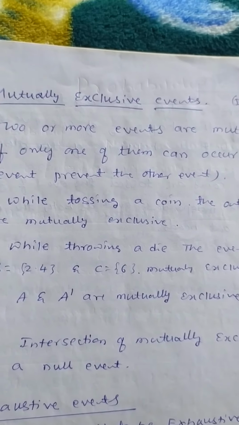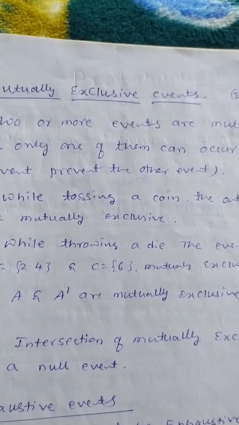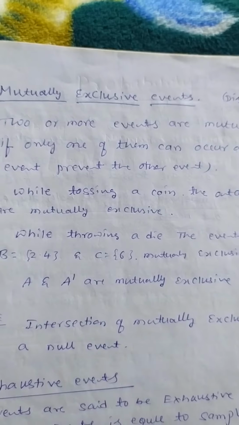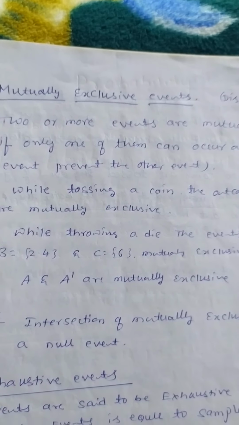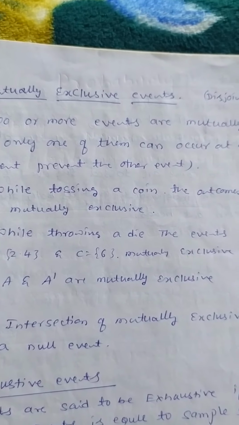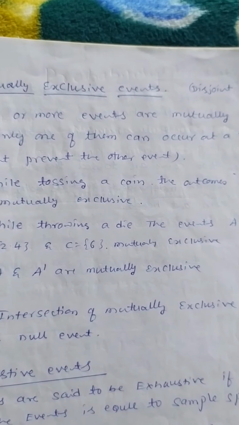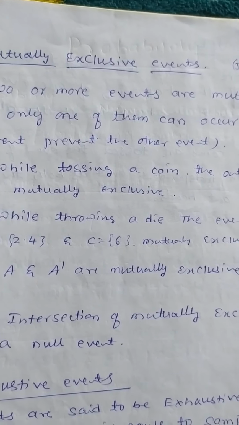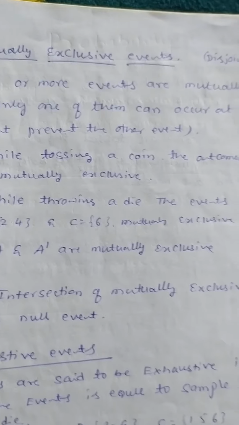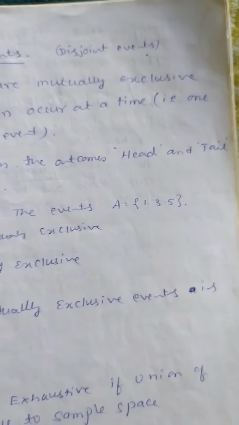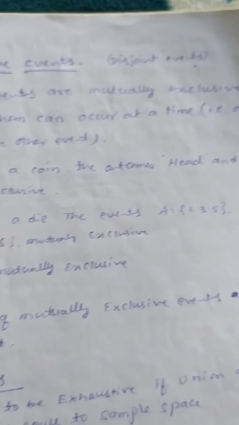That means there are two subsets with no common element in both of them. For example, while tossing a coin, the outcomes head and tail are mutually exclusive. While getting head, it is not possible to get tail, and while getting tail, it is not possible to get head. The intersection is null.